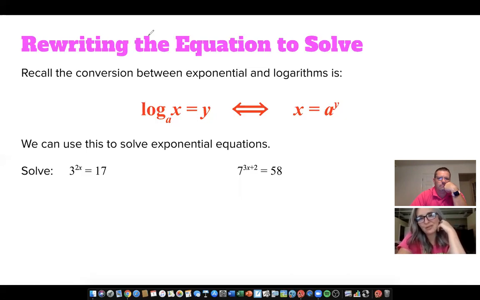And I can't do that. Well, I could, but it's some decimal that I don't know. I could sit here and go 3 to the 2.3, 3 to the 2.4 until I get 17, but I don't really want to do that. But what I do know, because we talked about it before, is if I want to solve for an exponent, I could use a logarithm, right?